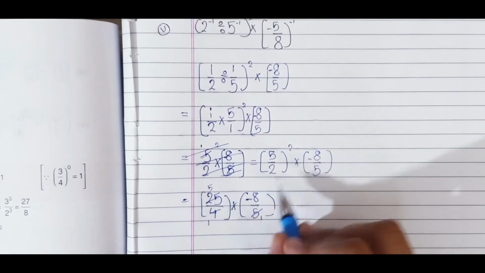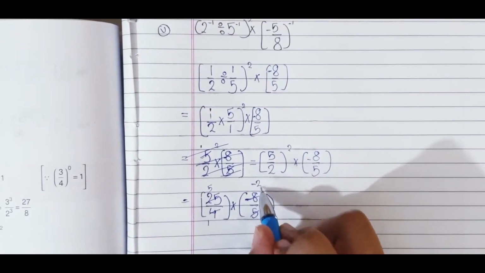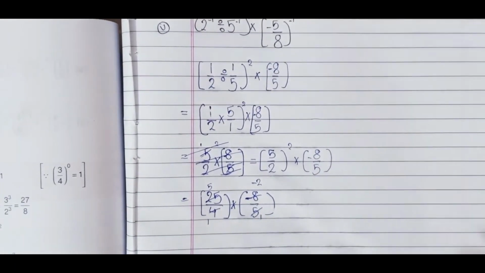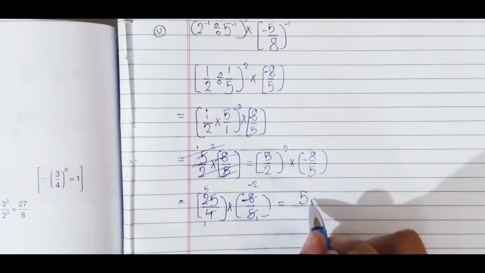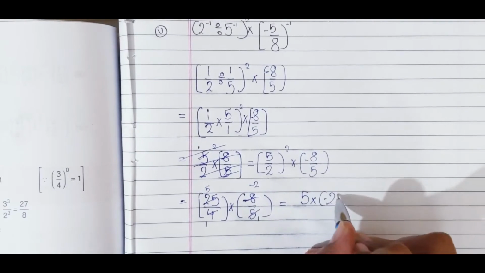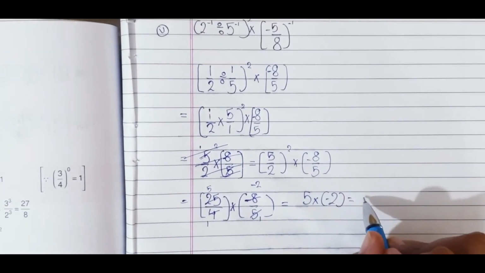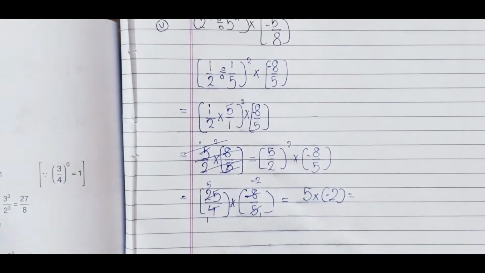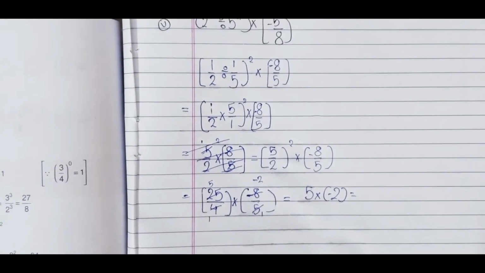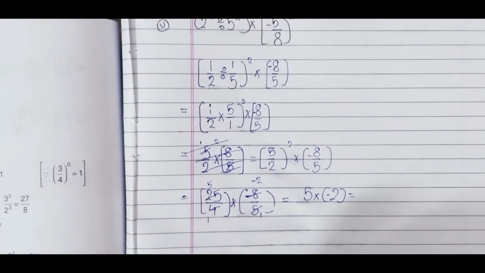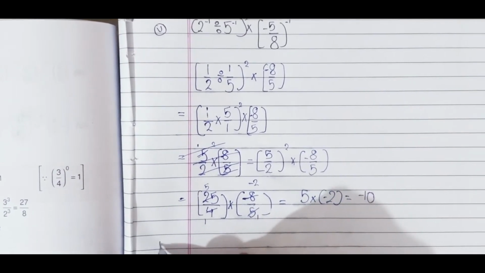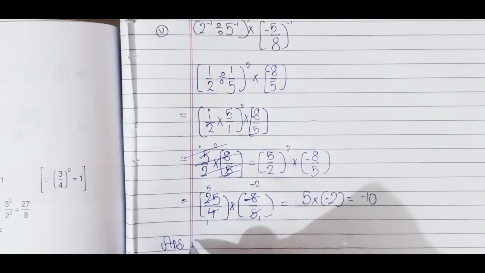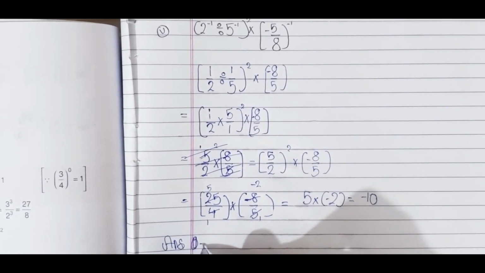Now this will also be 1, and this will be minus 2. So now our answer is 5 into minus 2, which is equal to minus 10, because any number multiplied by a negative number, the answer will come in negative. So our answer is minus 10.